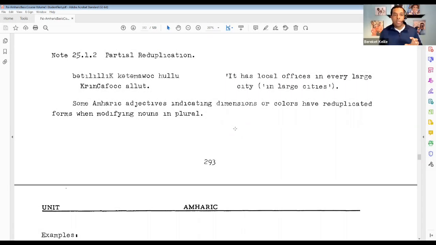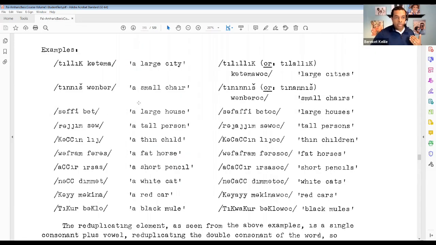So we'll look at subpart 2 now of 25.1, where we're looking at partial reduplication. We're looking at adjectives and just those adjectives that indicate size or color and how they're reduplicated when modifying nouns in the plural. And we get a list of examples. Basically what happens is, looking at the first example, Tilakatama, a large city, becomes Tilakatamaach.